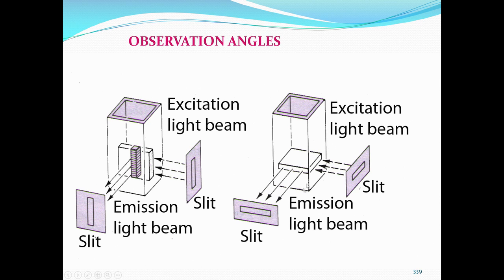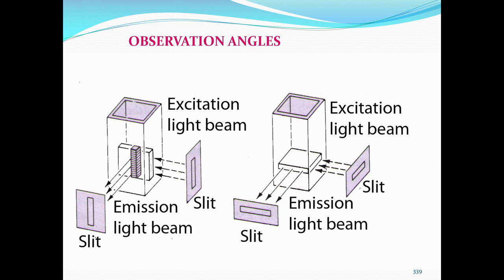The same geometry I can show you in different format, but the essentiality is that the collection of the fluorescence intensity is at right angles to this incoming radiation. So, these are the different observation angles.